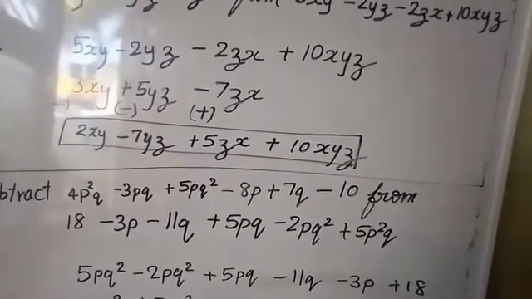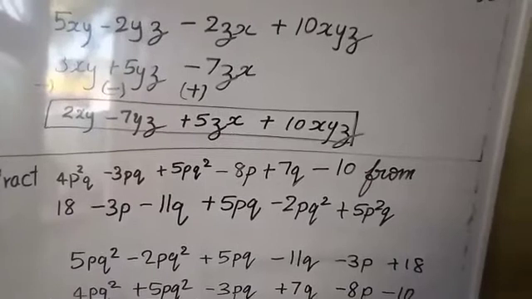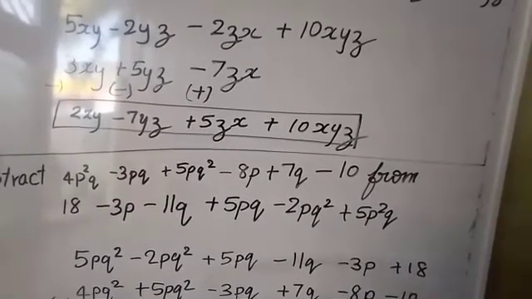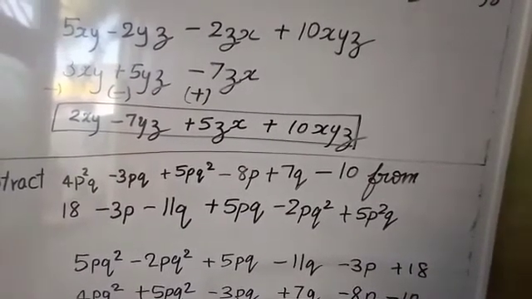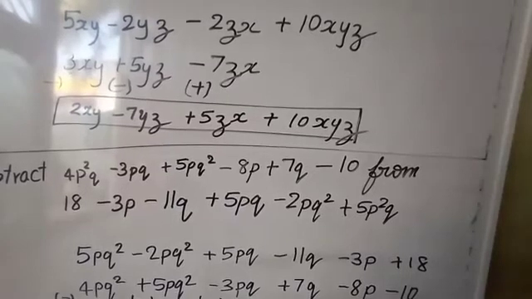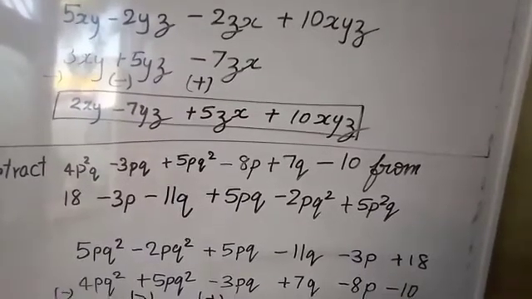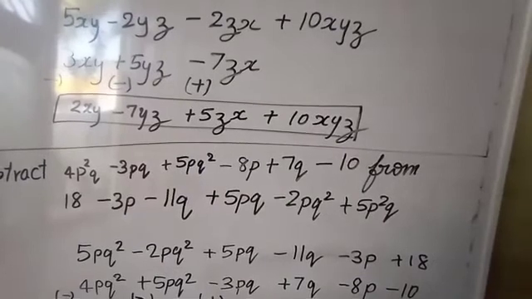The same way, let us choose from the second equation 4pq square plus 5pq square minus 3pq plus 7q minus 8p minus 10.